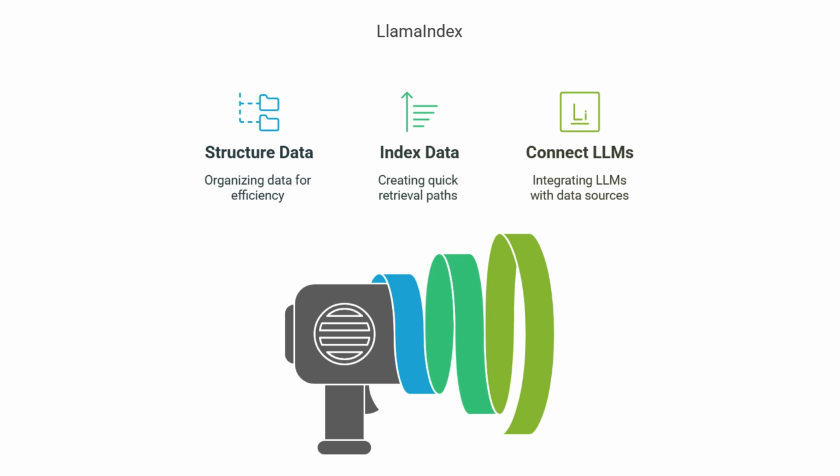In the next session, we will dive into another powerful agentic framework called Llama Index. While Smolagents provided us with a lightweight, code-first approach to building AI agents, Llama Index takes a different path by focusing on efficient data retrieval and indexing for large-scale AI applications.